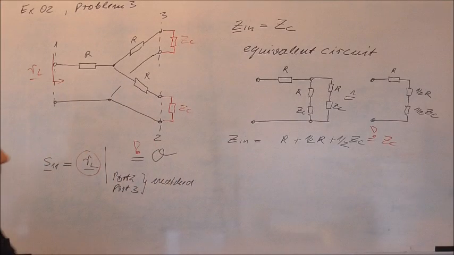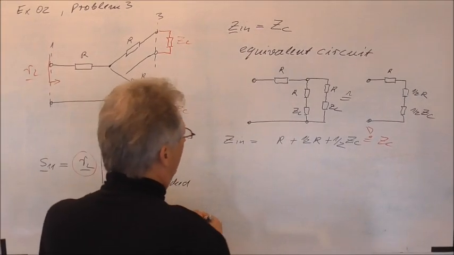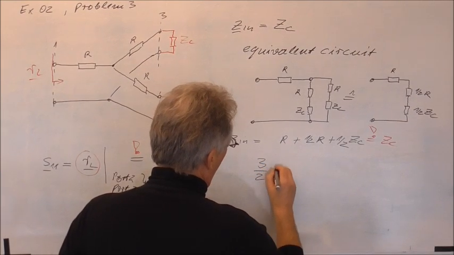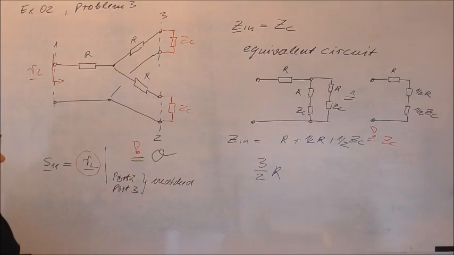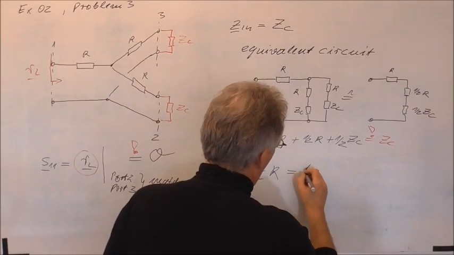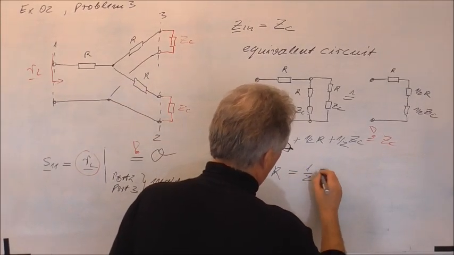And this means that 3/2 R will be equal to 1/2 of ZC.